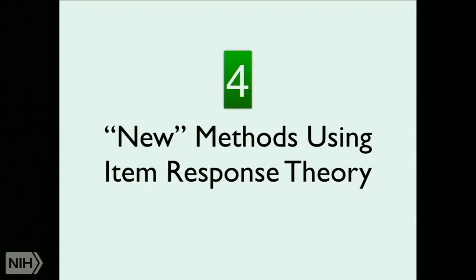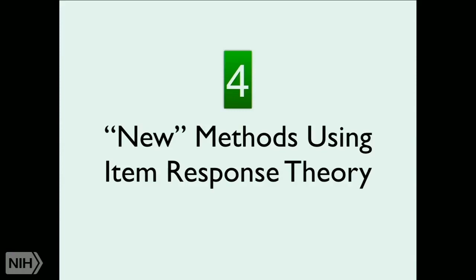And remember, I said new; it's new for health, but not new for the measurement world. What we're going to be talking about is something called item response theory. What I want to focus on here is what's different between a regular old measure and a measure developed using item response theory. And then I want to tell you about one very cool little thing you could do called differential item functioning.